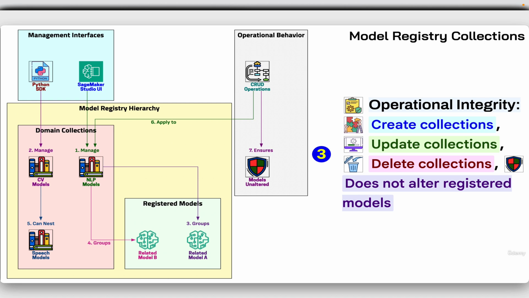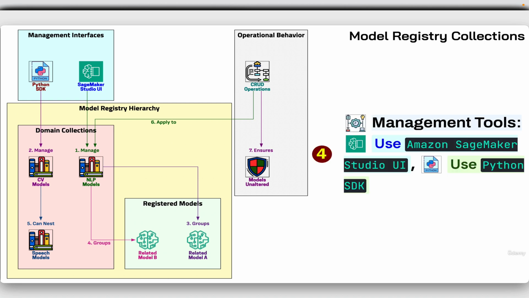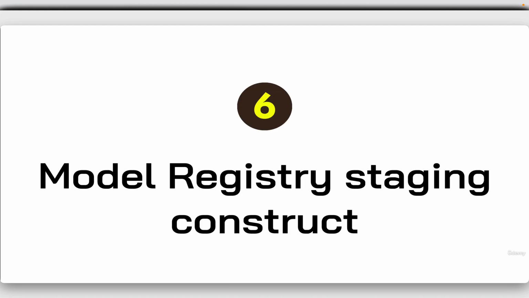Performing operations on a collection such as creating, updating, or deleting it does not alter the actual registered models contained within. You can manage your collections using either the SageMaker Studio user interface or Python SDK.